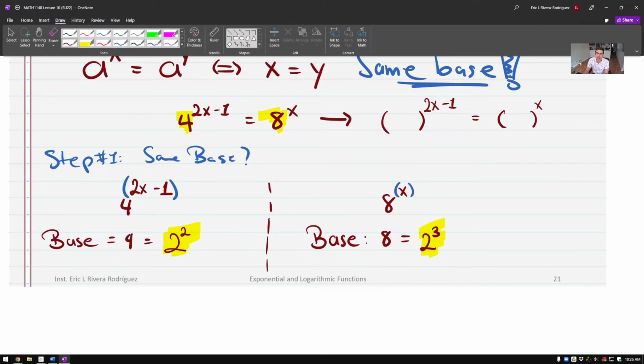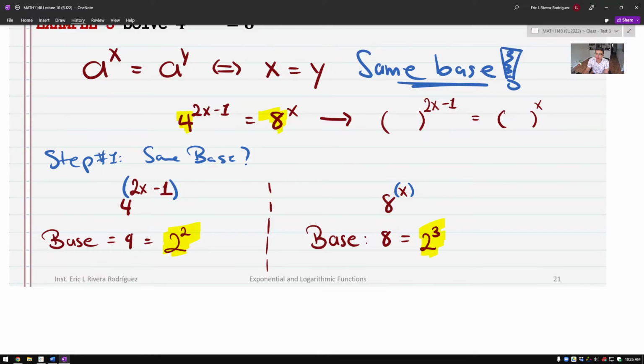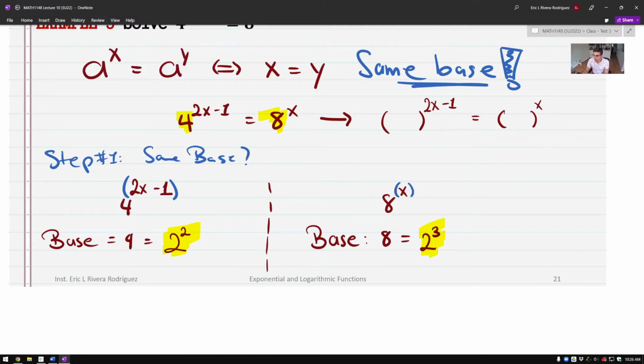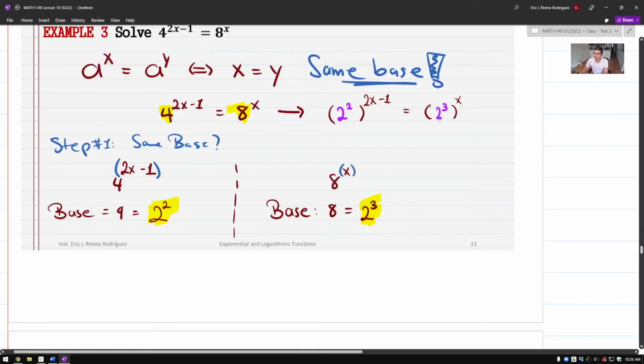And I'm going to use a different color. What color is nice to use here? Let me use purple. Let me copy and paste this.